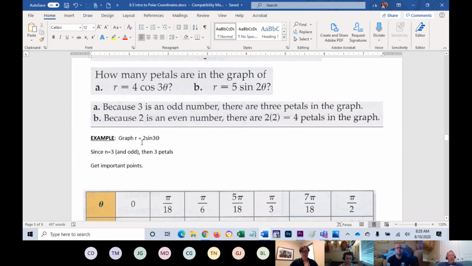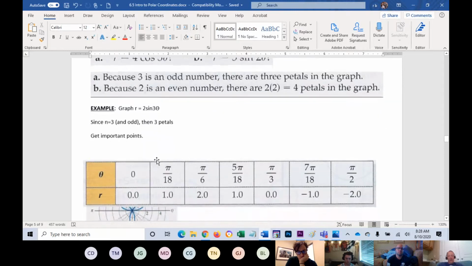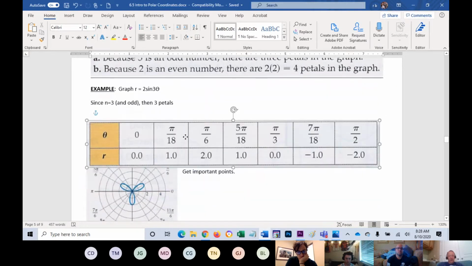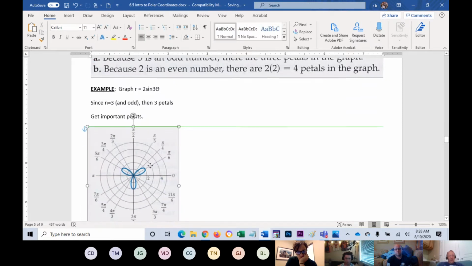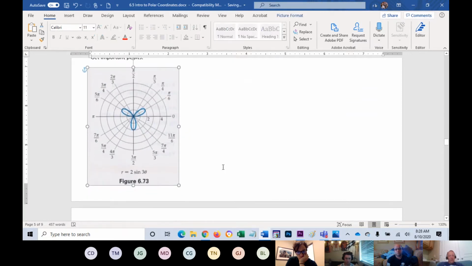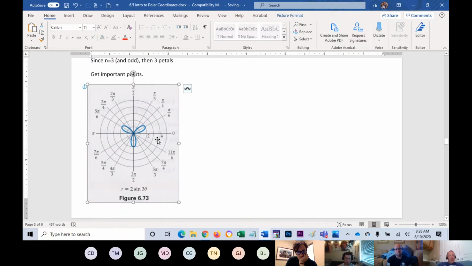All right, so if we were to graph r equals 2 sine 3 theta, you know you're going to have 3 petals. Now, another thing to think about here, actually that chart's the wrong way. So the idea here is you're going to go every 120 degrees, because you've got 3.